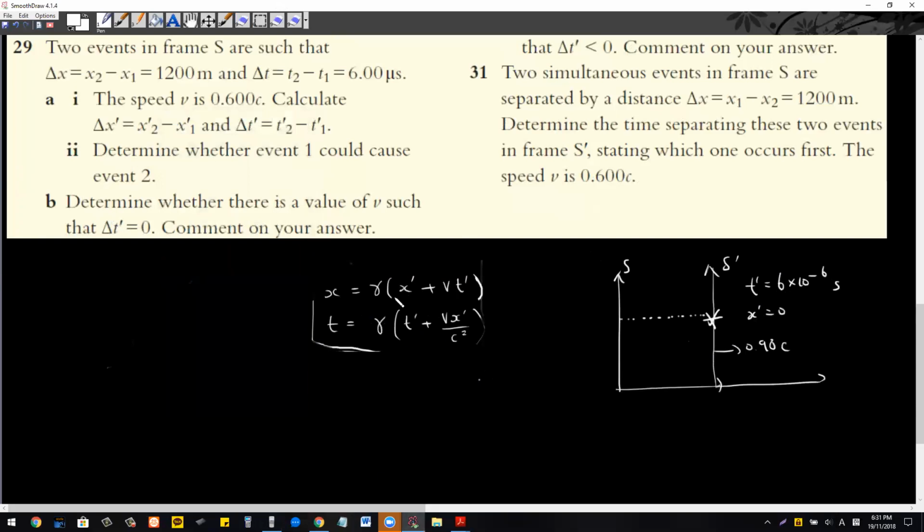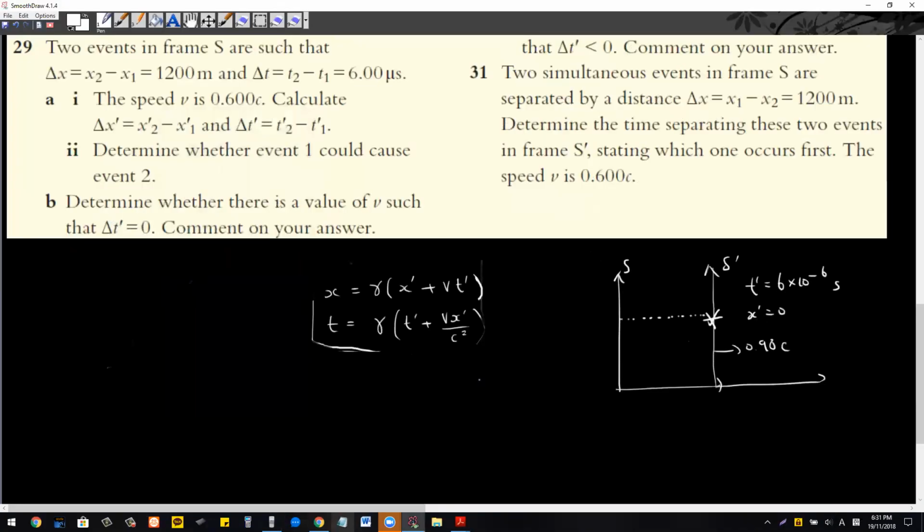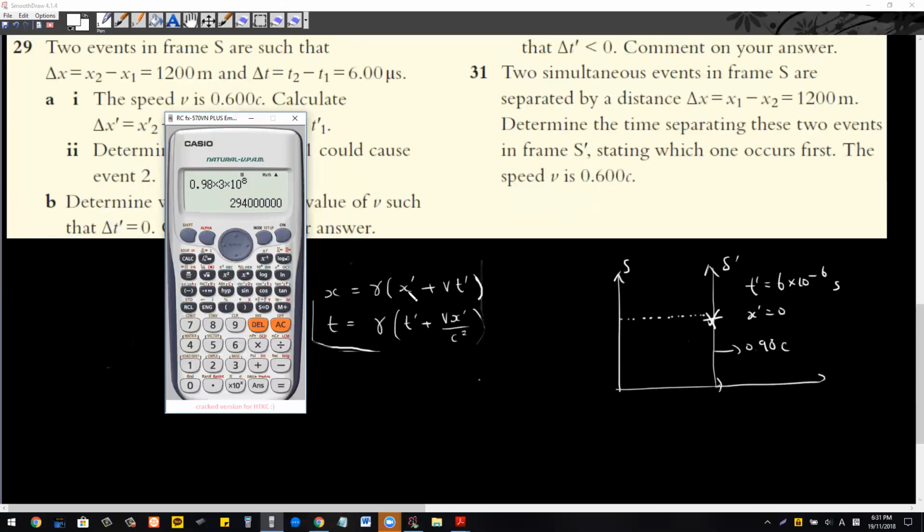So you just take 0 plus the velocity times the time according to the S dash, so 6 times 10 to the power of negative 6. If you do that, that's going to be 1,764 meters.